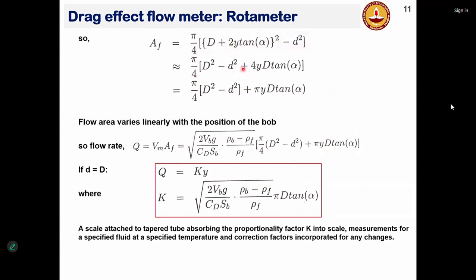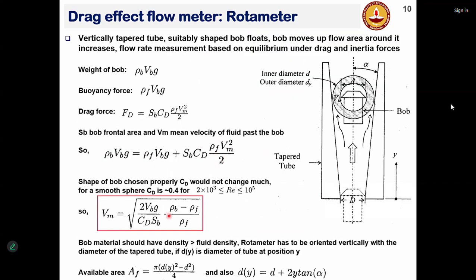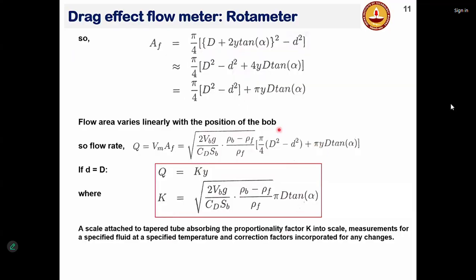Now if you take the square and adjust the terms, you can show this as pi by 4 (D square minus d square) plus pi y d tan alpha. So flow rate is basically Vm into AF. You multiplied Vm, which you have found from the force balance, by AF, and if you multiply, you get the flow rate.